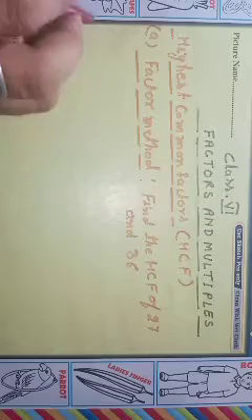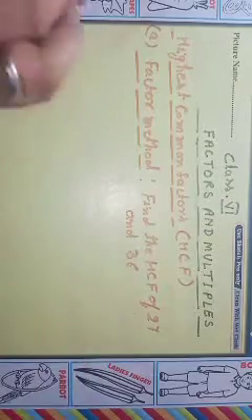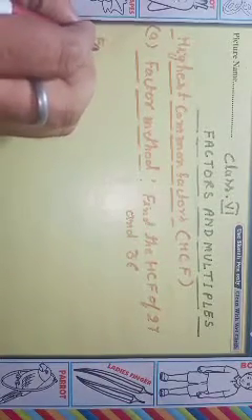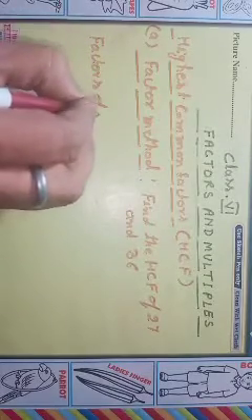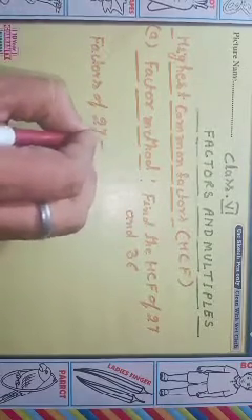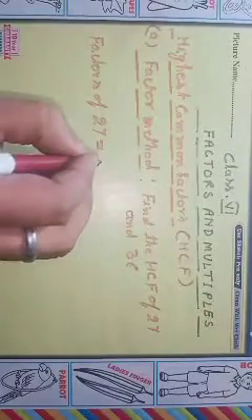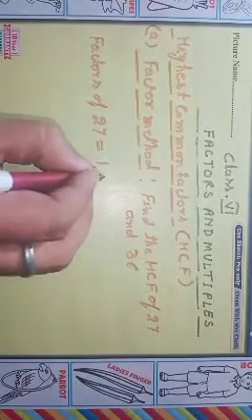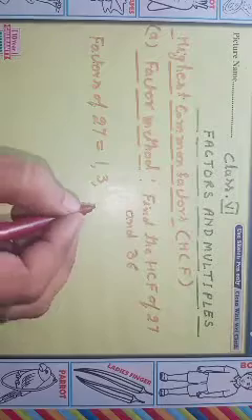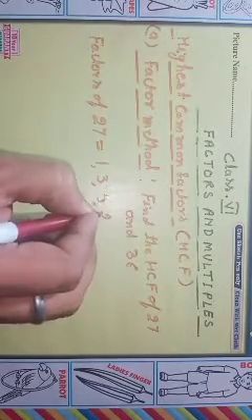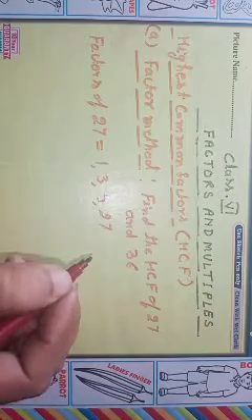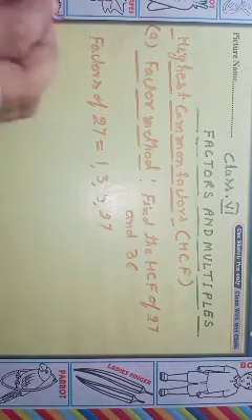So first write down the factors of 27. Factors of 27 are 1, 3, 9 and 27. Now factors of 36.